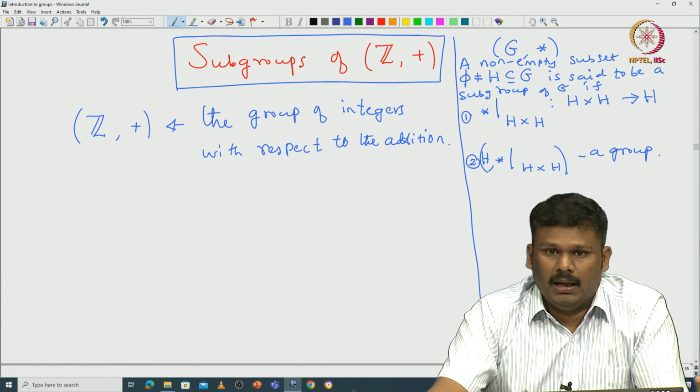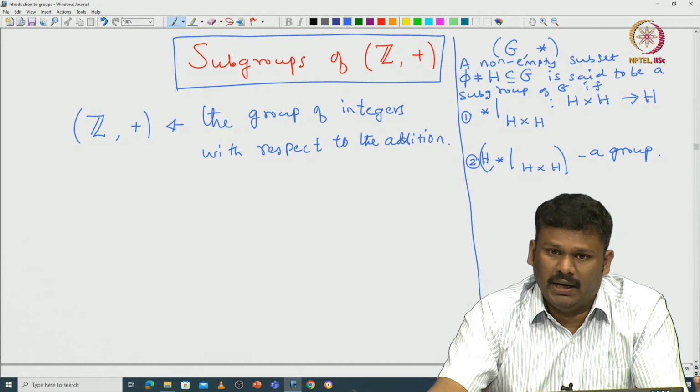Since it has to be a group on its own, you need to have an identity element. One can easily prove that the identity element of H will be the same as the identity element of G. You can take that as an exercise.